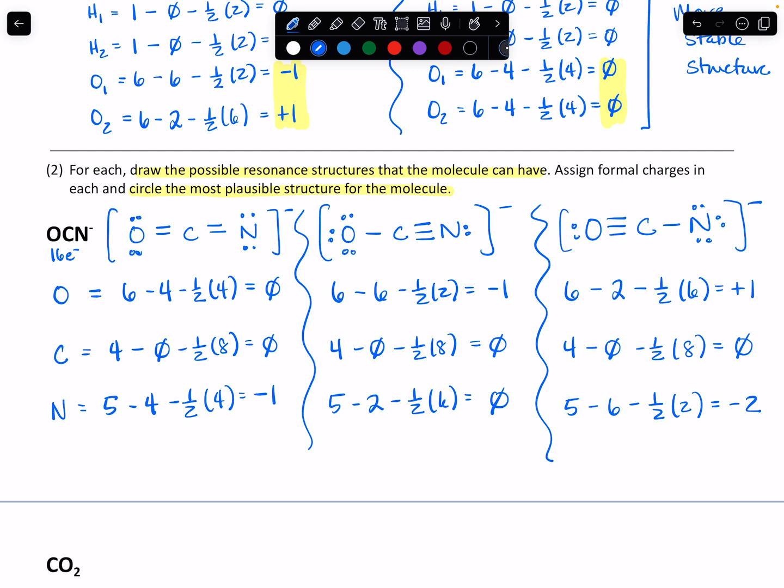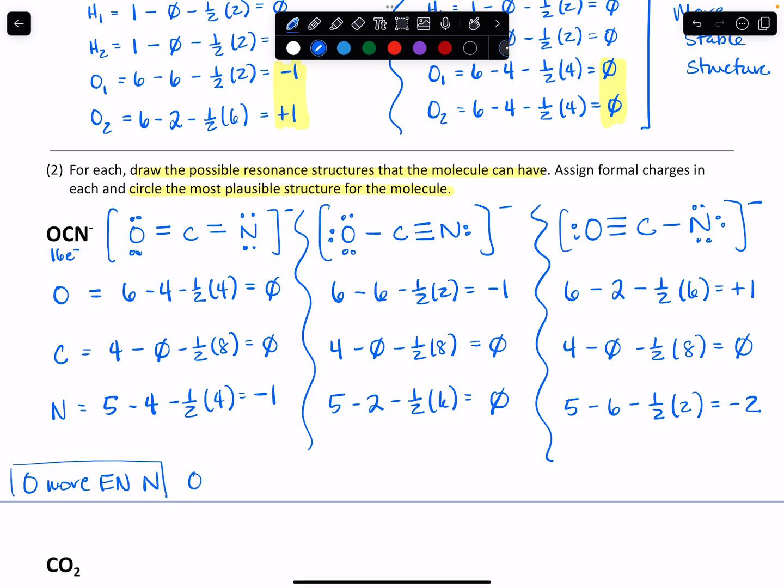So now what I really need to think about is electronegativity. According to the periodic table, the most electronegative element is fluorine. Technically, electronegativity increases as you move across a period towards the halogens. So if we stay up in that row, we've got fluorine, oxygen, and nitrogen. So oxygen is more electronegative than nitrogen.